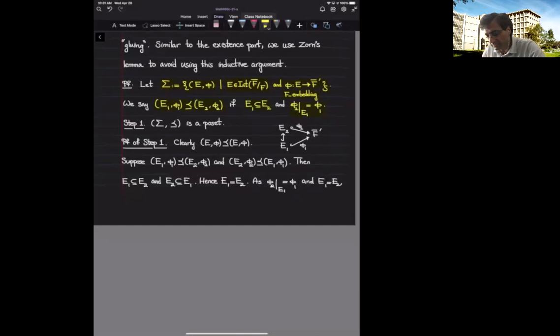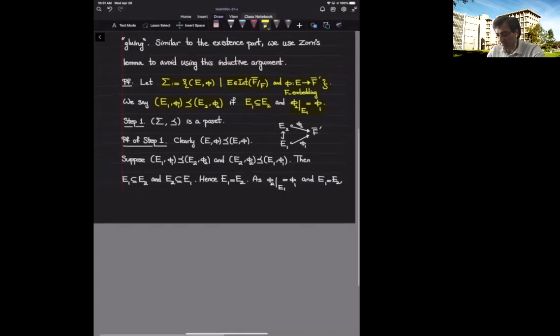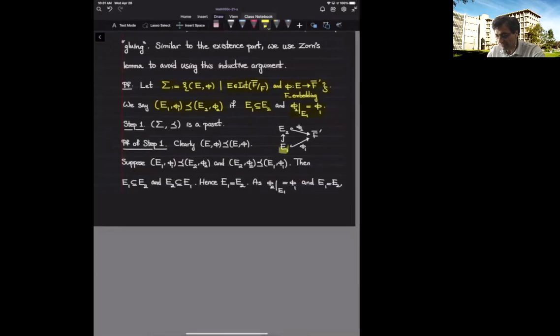In this diagram we can see it like this: E1 is embedded into E2, and we have a map from E1 into f bar prime that we call Phi sub 1, and we have a map from E sub 2 to f bar prime that we call Phi sub 2, and this diagram is a commuting diagram.